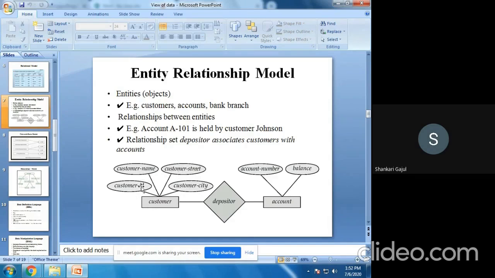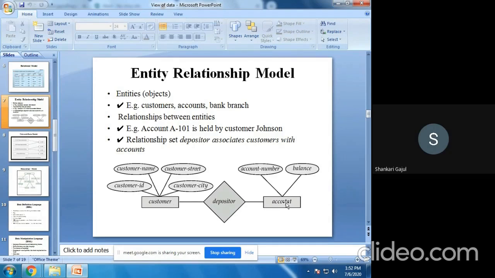These four column names are the attributes for this particular customer entity. Similarly, the account entity is another kind of object or thing. This object should be different from the customer. Then only I can make the relationship between both of these objects.